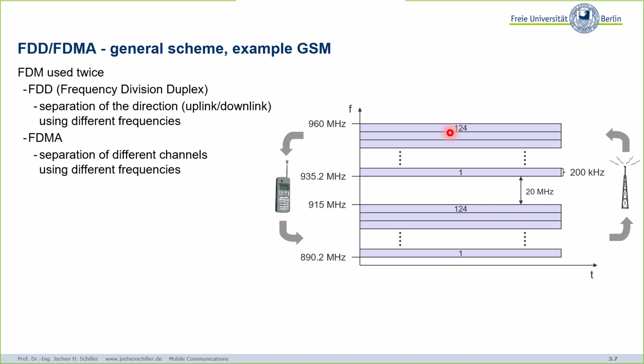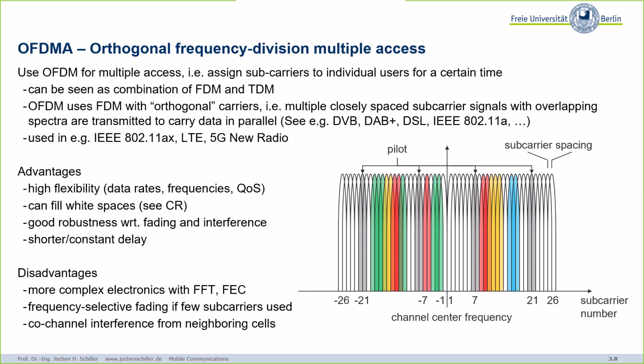That was the key idea. But you could do the same not only in frequency, but also in time, and you can have whatever other combinations. These were the simplest schemes, and a bit more complex one was OFDM, orthogonal frequency division multiplexing. If we add a clever algorithm, then we have orthogonal frequency division multiple access.